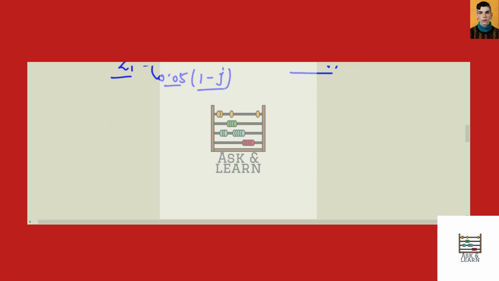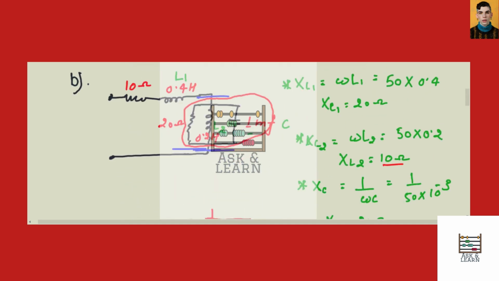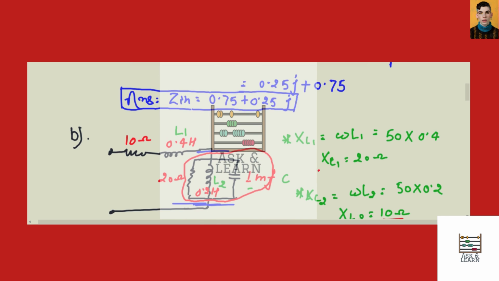And we have to find out the equivalent of these three. As you can see, the resistor is 10 ohm, and for the inductor we have to put the value of XL1.